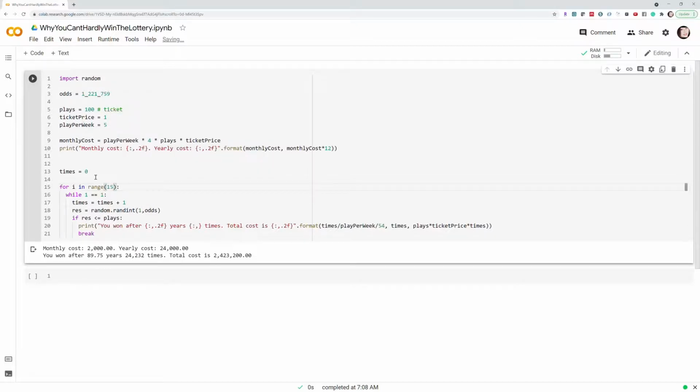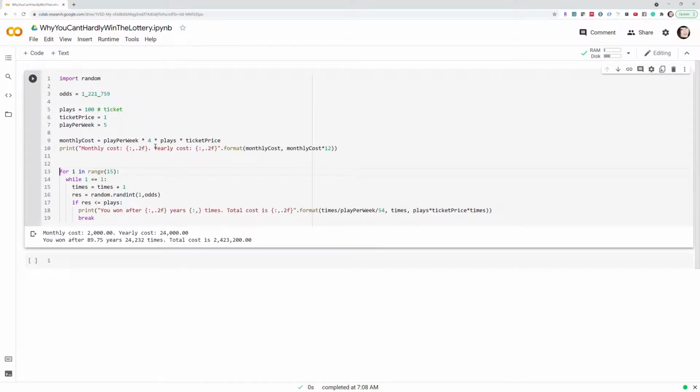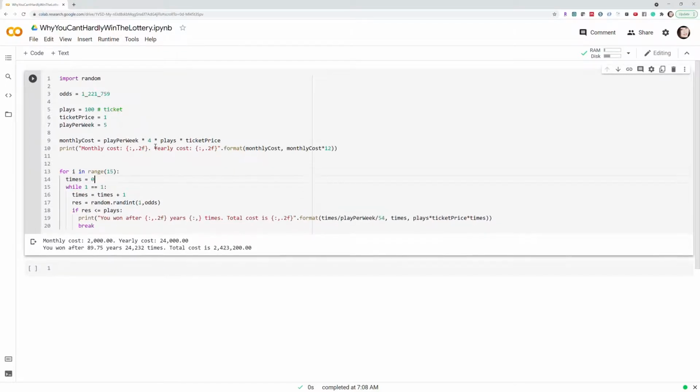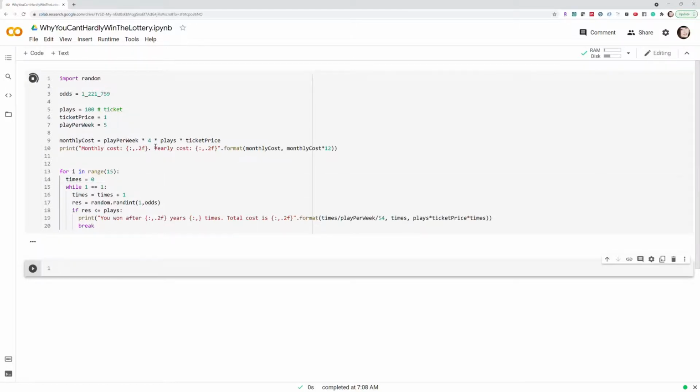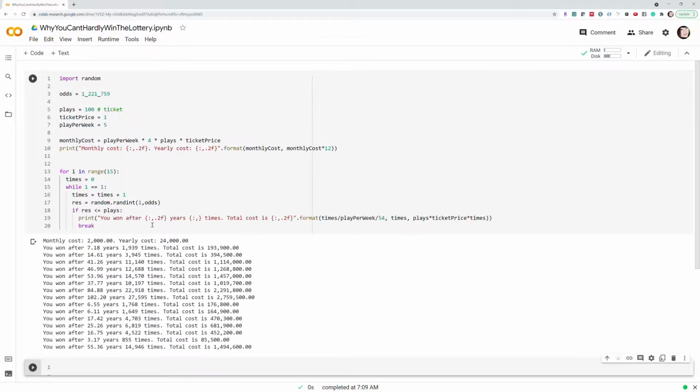And then every single time it replays, you need to reset the number of times you play back to 0 so that you have a correct odds display. So let's try again with 15 times. As you can see, one of the ways to win is after 7 years, after 3 years, seems to be good, right?